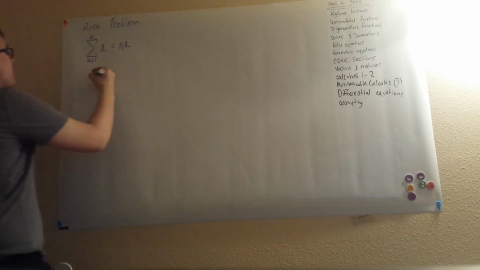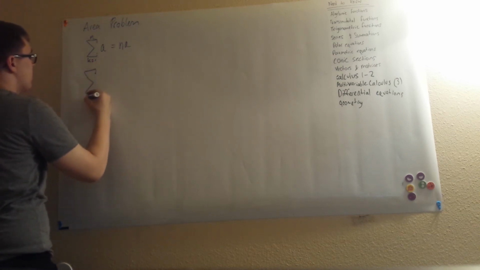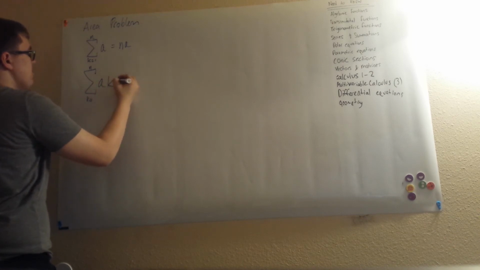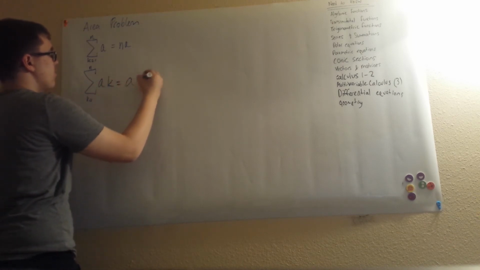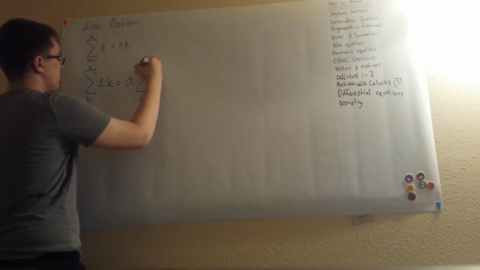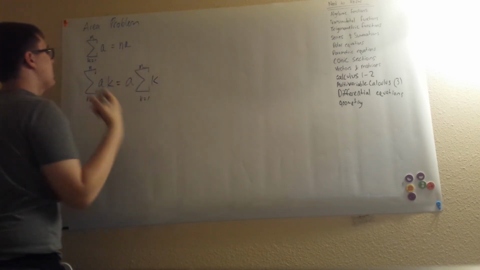If we're doing k equals 1 to n of a constant times k, we can pull out that constant and we can say, well, that's the sum of k then.